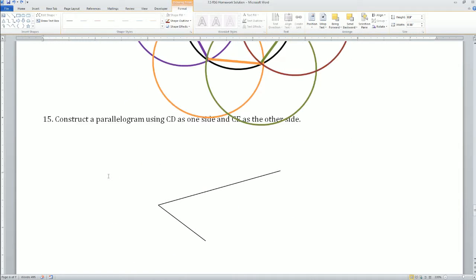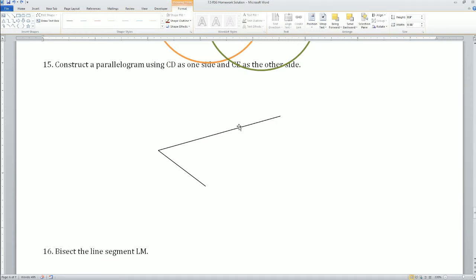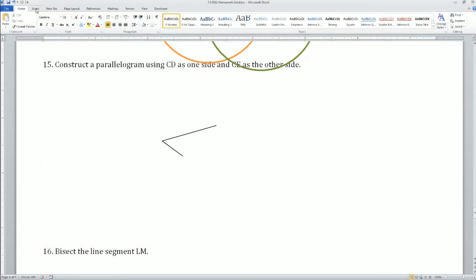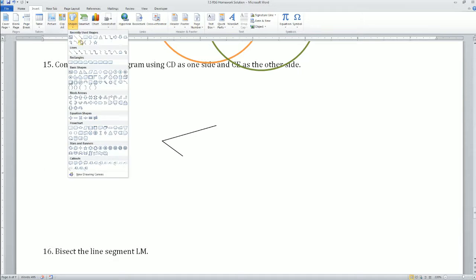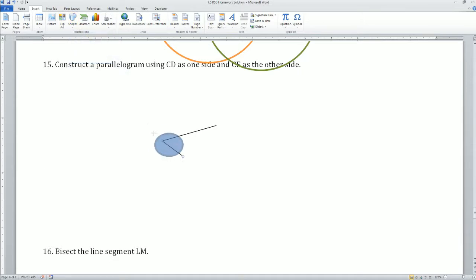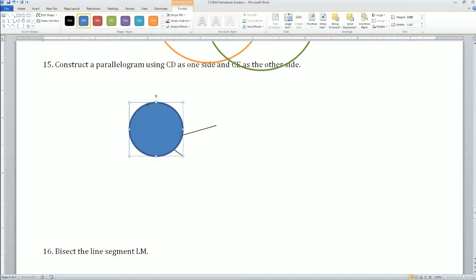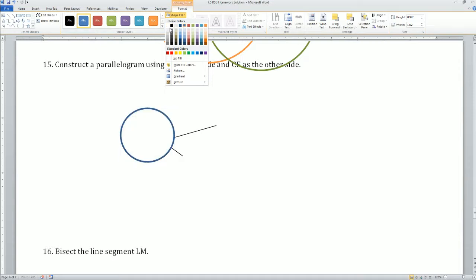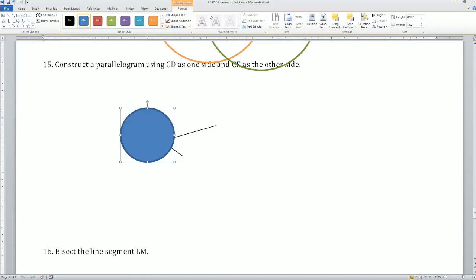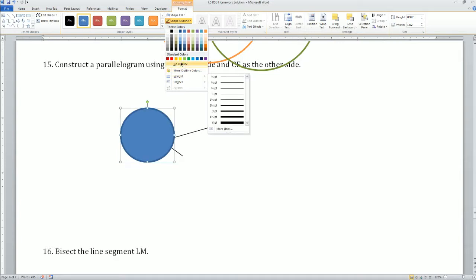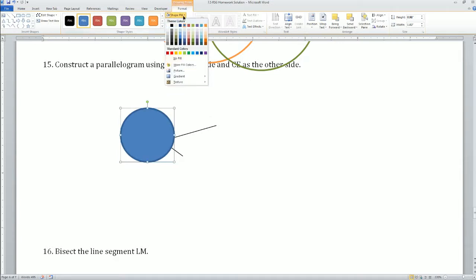Next, construction of a parallelogram. I'm going to scale this a little bit down to make our lives a little bit easier. First of all, again, you're going to construct a circle. No fill.